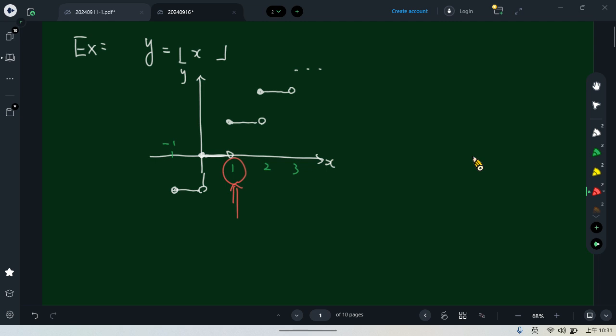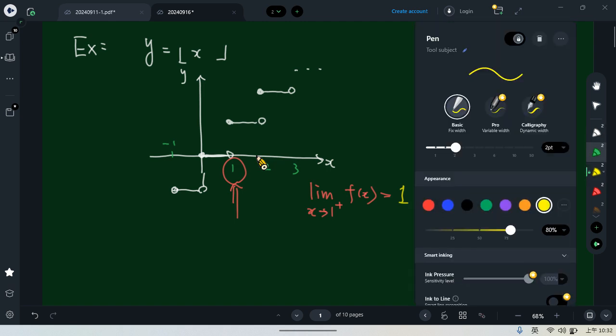So let's just look at this one. At this point, the limit when s is approaching 1 plus of f of s, what's the answer? s is approaching 1 plus, it will be 1, right? 1, okay?